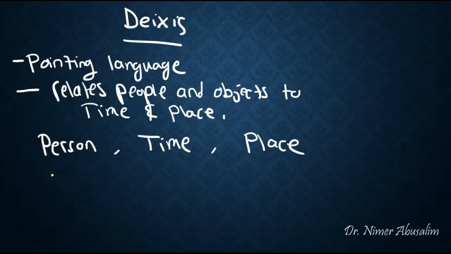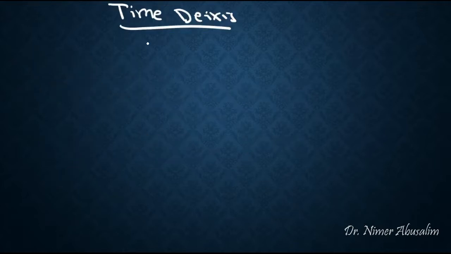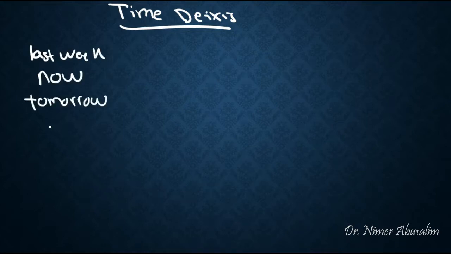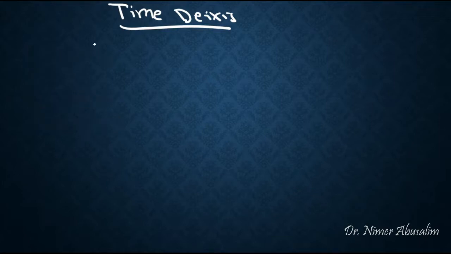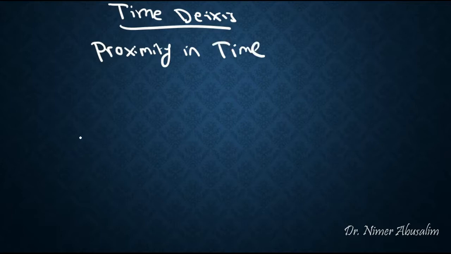Alright, so now that we're done with person deixis, we can move on to time deixis. Time deixis connects the person or the object to time in the universe and that person or object's proximity in time to the other person or object. Some examples are last week to indicate past time, now, tomorrow, next week. Now we said that time deixis shows proximity in time. Let's see some examples of that.